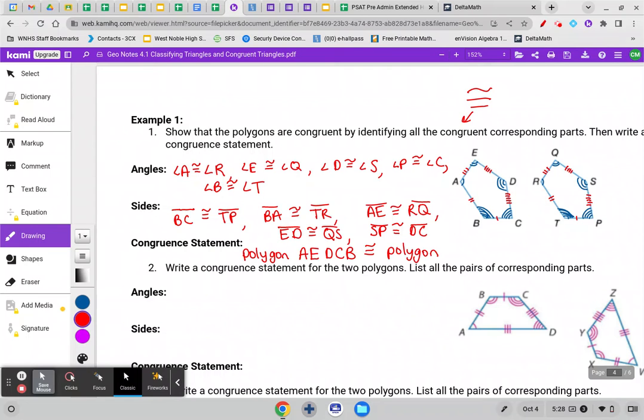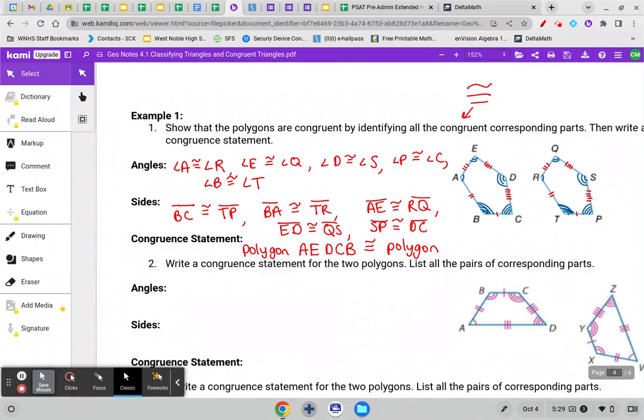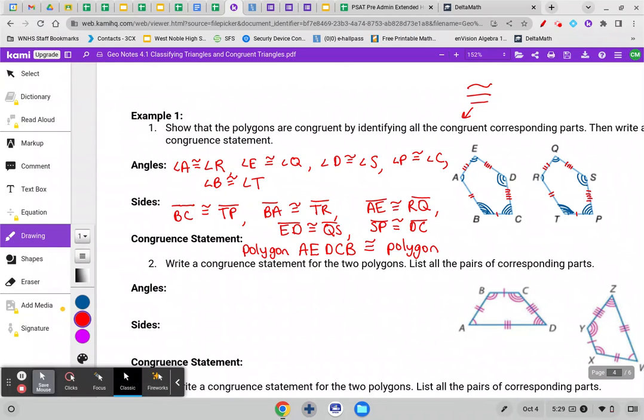Now, because I started with single hash mark, and then double, triple, 4, and 5 hash marks, I'm going to write out my order the same on my other polygon. So that would be R, Q, S, P, T.